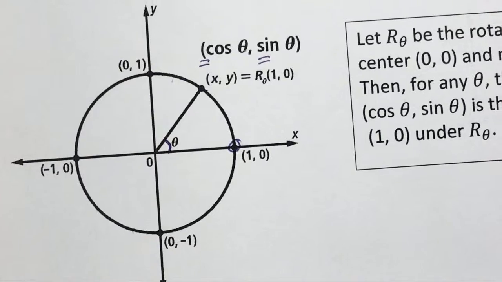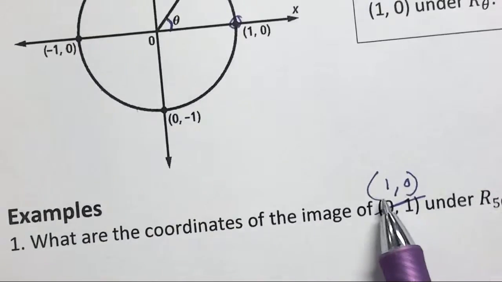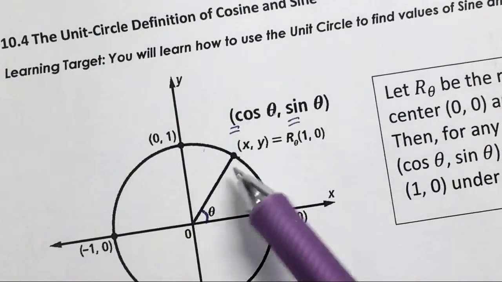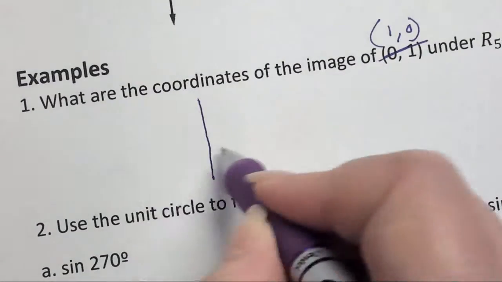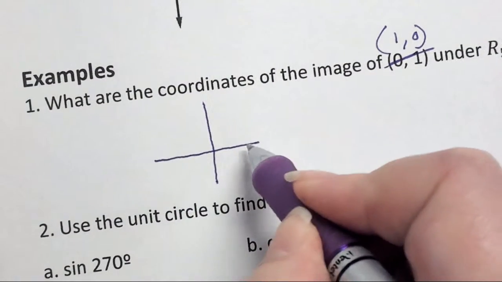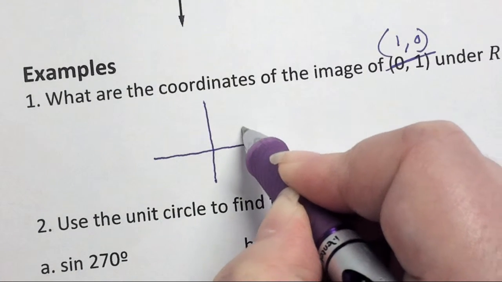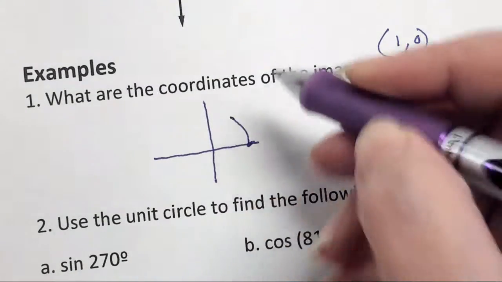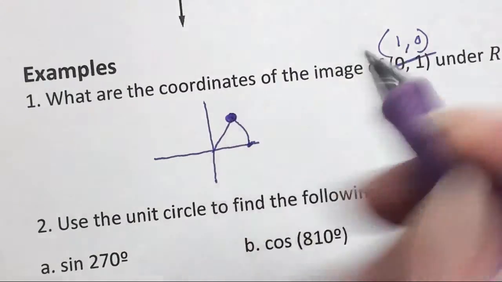All right? So when we go to find, we're taking this point, your 1, 0, and we're rotating it 50 degrees. So here I'm taking the point, my 1, 0, and I'm rotating it 50 degrees, so about right there. And I'm finding this point right there.